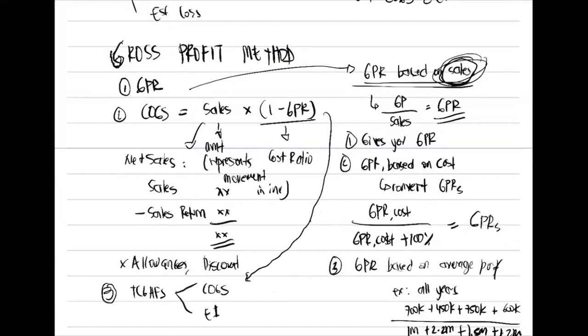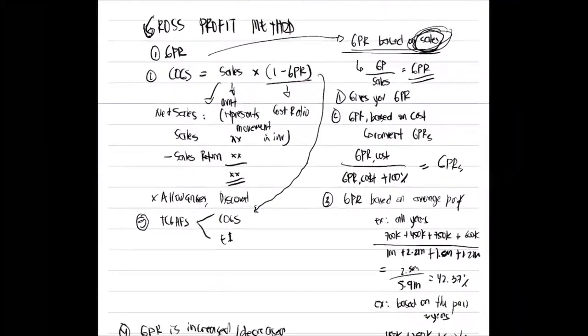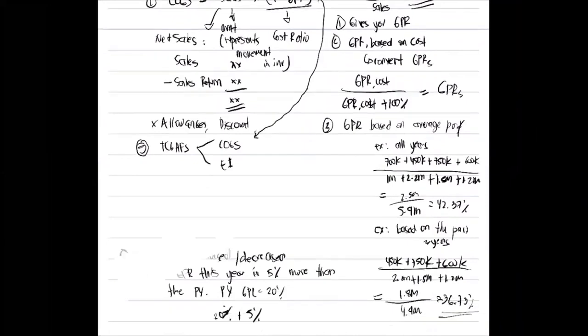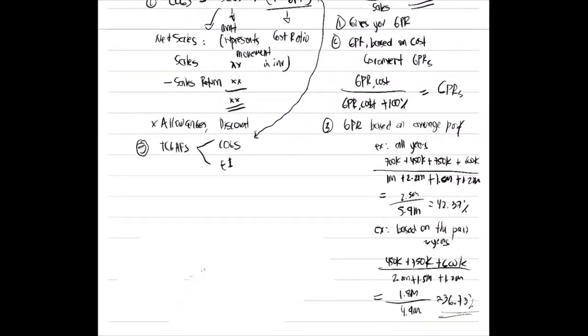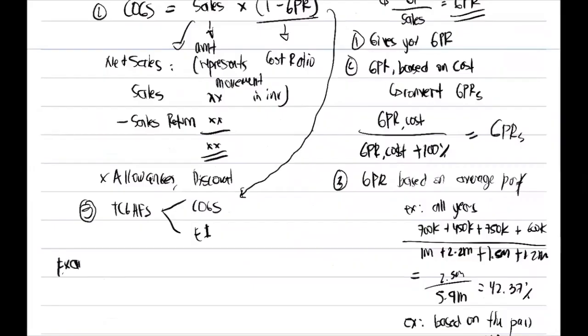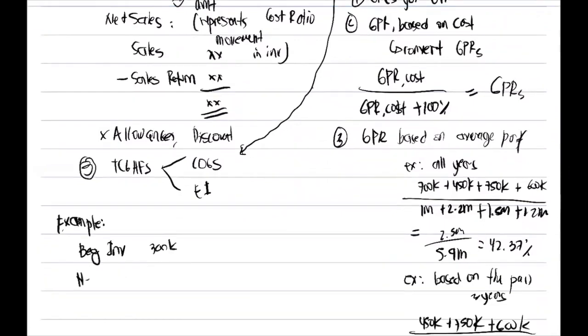Okay, so let's have an example to apply our learning regarding the different steps of the gross profit method. I'll erase this one na. Okay, so example. Beginning inventory, 300,000. We have here your net purchases, 750,000. We have sales of 800,000.